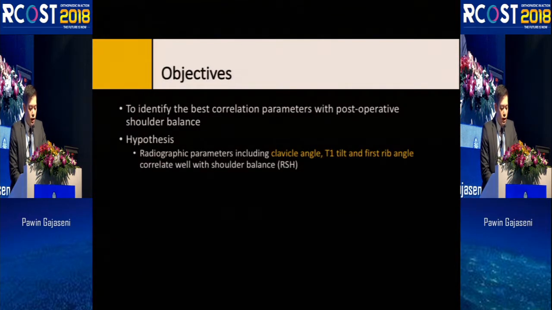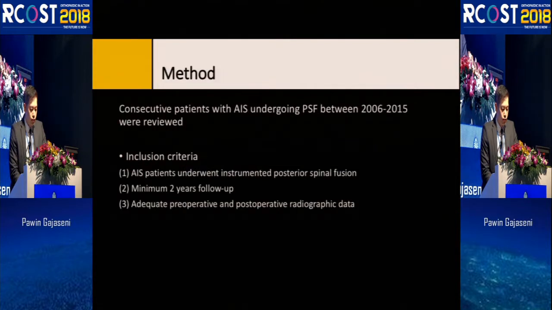So we would like to assess the radiographic shoulder measures from the preoperative to the postoperative time period, specifically to determine which one could be used as an intraoperative proxy for shoulder balance determination.